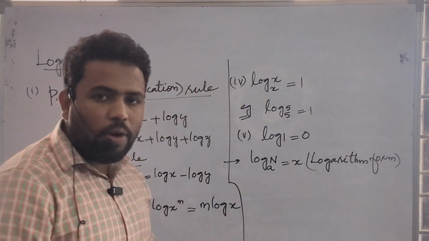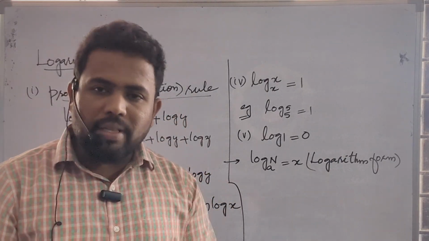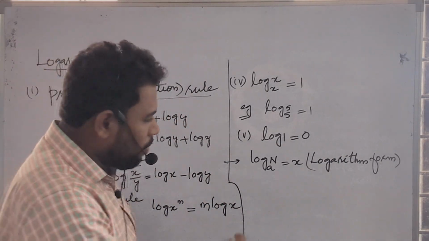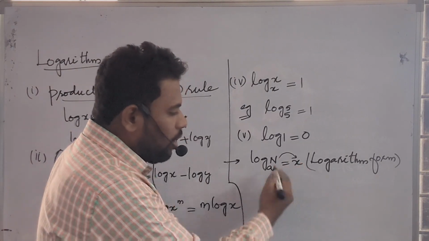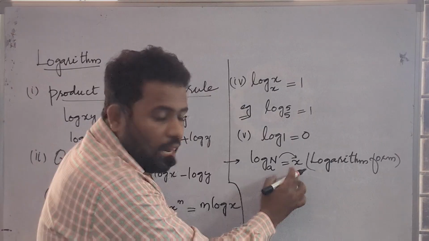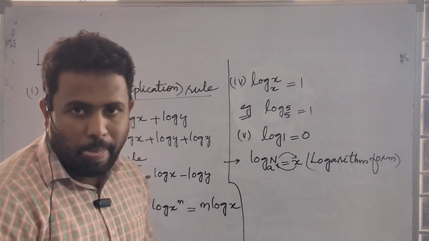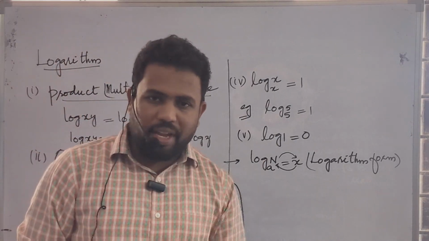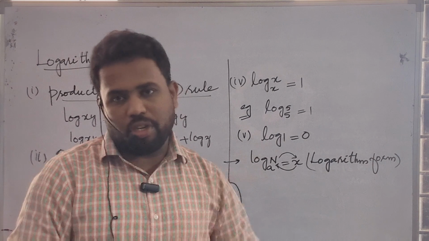If you want to convert the logarithm form into exponential form, a very simple step is to be followed. See, this n, we are going to shift to the right hand side in the place of x. Then this x will shift in the place of n. If you follow this basic trick, we convert the logarithm form into exponential form.